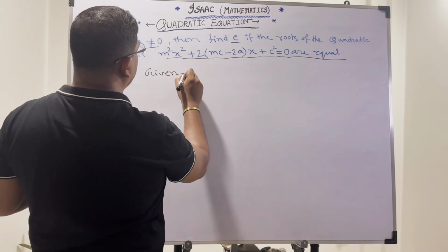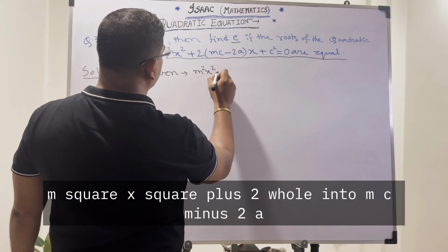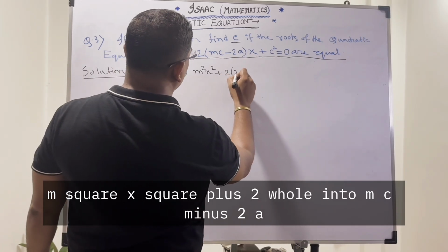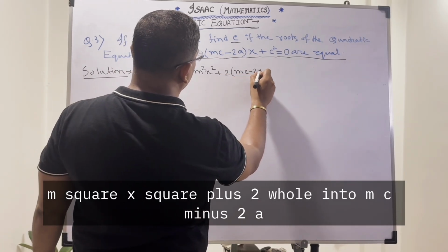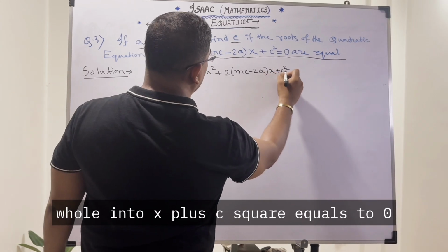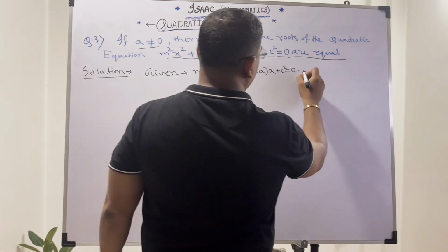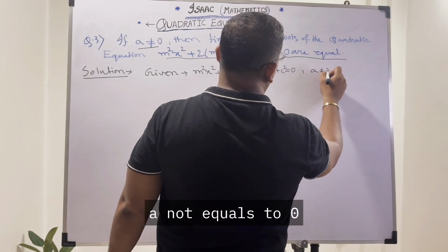Solution: given m square x square plus 2 into (mc minus 2a) into x plus c square equals to 0, a not equals to 0.